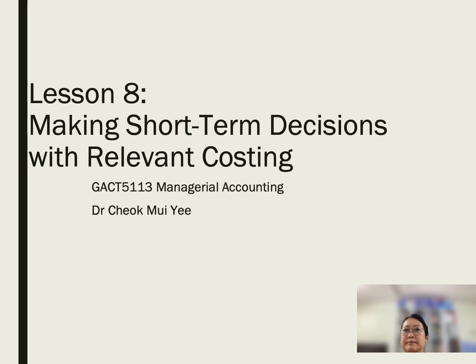Hi everyone. Today in topic 8, we are going to focus on making short-term decisions with relevant costing. This is a very practical topic because many business decisions depend on identifying the right costs to consider and the wrong ones to ignore.